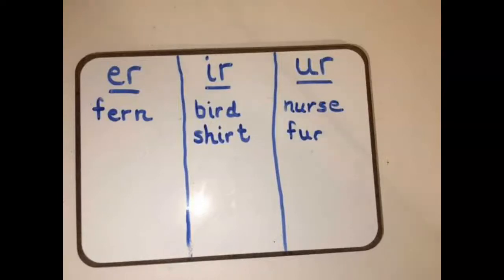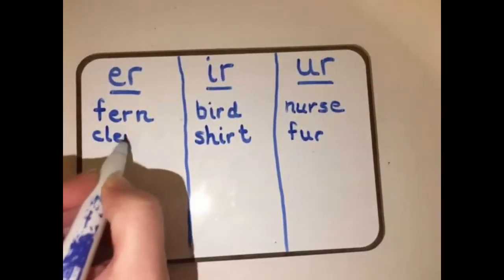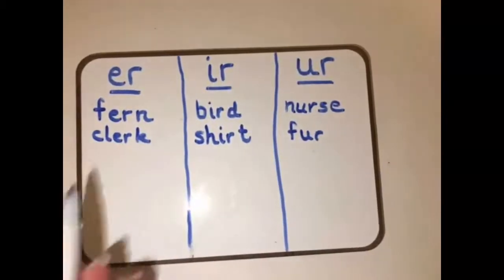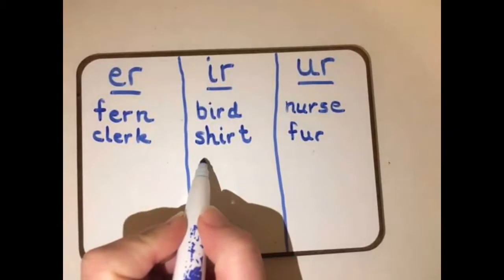Okay, so let's try another one. Write the word clerk. The clerk rang up the purchase. Clerk. Go ahead and pause the video and you can write. Clerk. Let me try this. Okay, this is not a word I'm overly familiar with, so let me try here too.